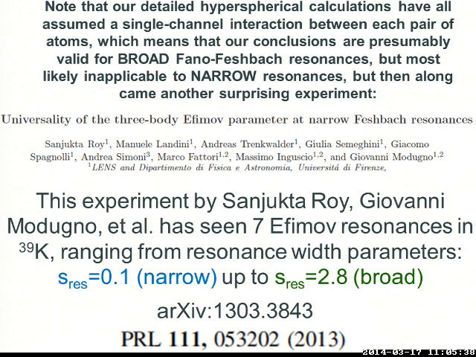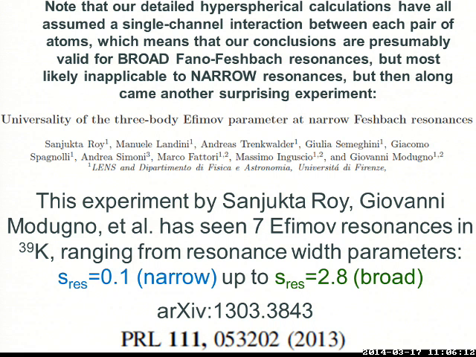And so it was more or less believed, we thought this, I think, that these results we were finding and presenting in this Physical Review Letter were only applicable probably to the broad resonances. And for very narrow Fano-Feshbach resonances, Efimov physics near those might be more likely to show non-universal three-body parameters. But then this experiment came along and again provided a surprise.